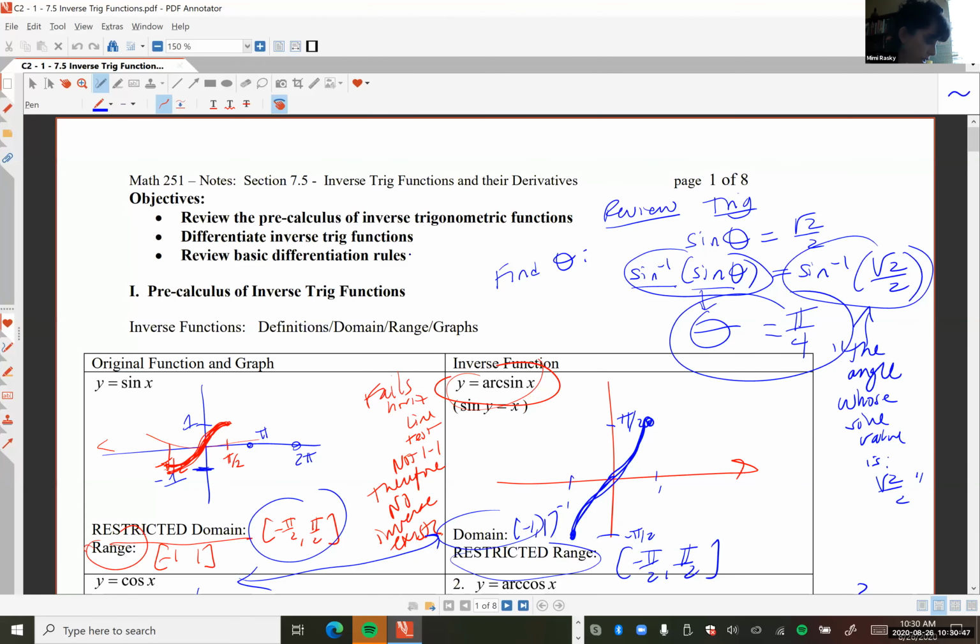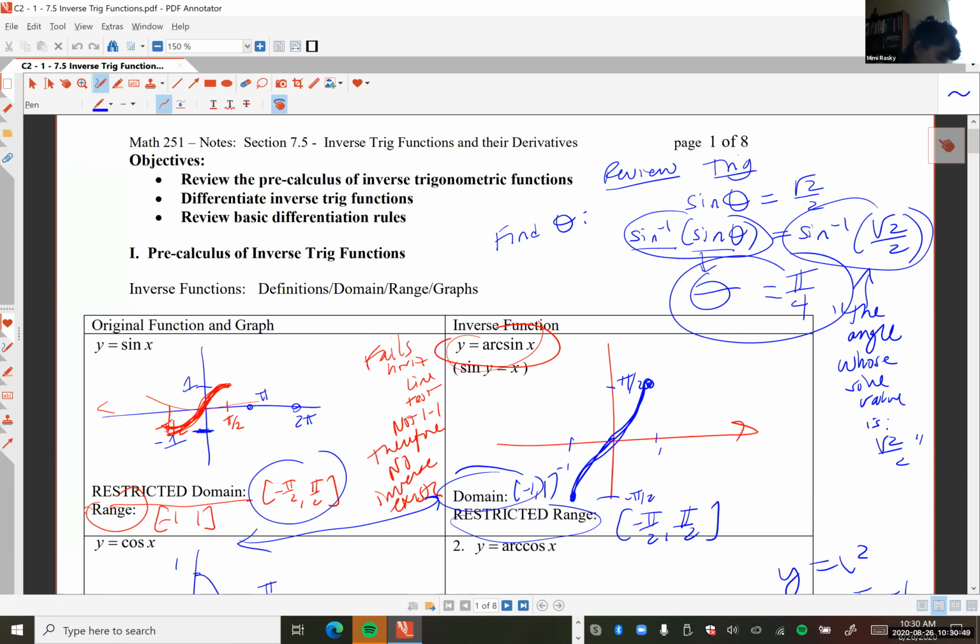Whoever was just talking, the domain for sine should be the range for arcsine. Okay, can you see my screen now, or do I need to do a share screen? Yeah, I can see it.